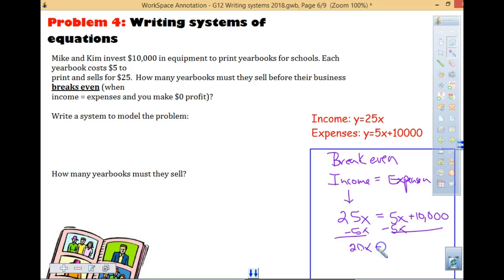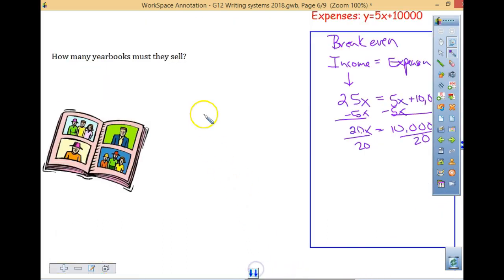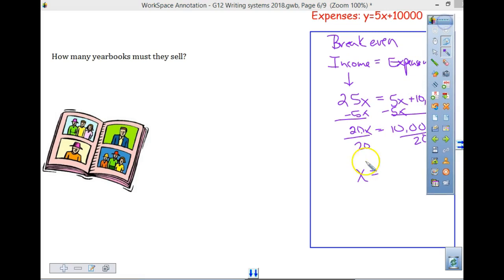If we have 20x equals 10,000, we're going to divide on both sides by 20. So if we are looking at it, x was equal to what, for a solution?